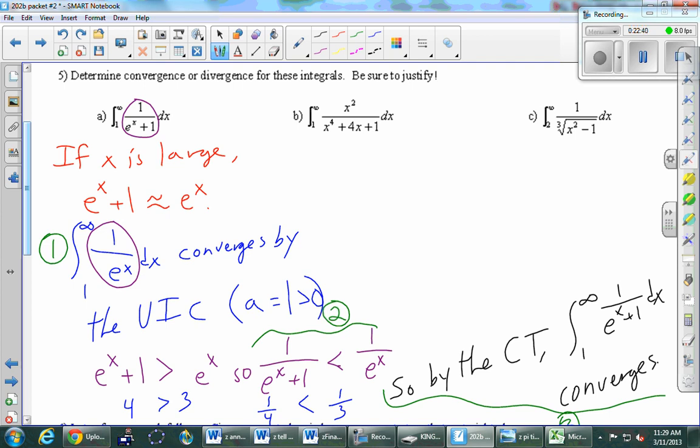On the bottom, what doesn't matter if x is large? Yeah, not just the plus one, but the 4x is also insignificant. That's a little bit surprising to some folks, but if x is 1,000,000, some big thing, how much is 4x? 4 million, that's pretty significant. But x to the fourth is 1,000,000 to the fourth, which is a 1 followed by 24 zeros.